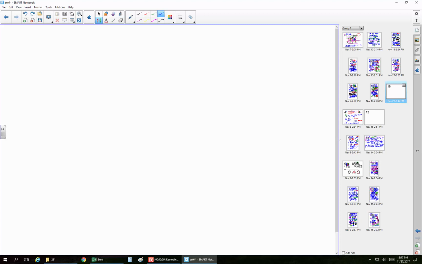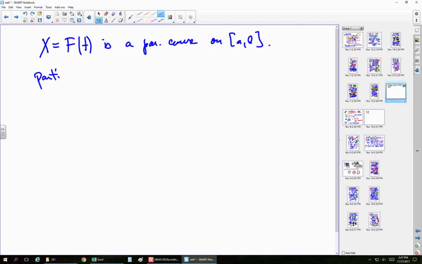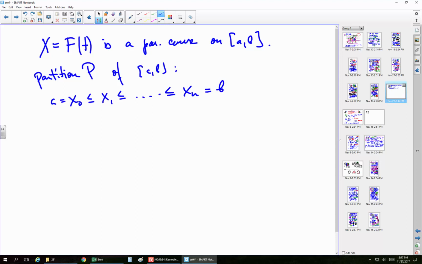So suppose x equals f of t is our path, or a primitive curve, defined on an interval [a, b]. We always assume that they are continuous, so we don't have to jump. And so we have a partition, or a sample partition, of [a, b]. So we have x0 up to xn, which is b. Then we have sample points.